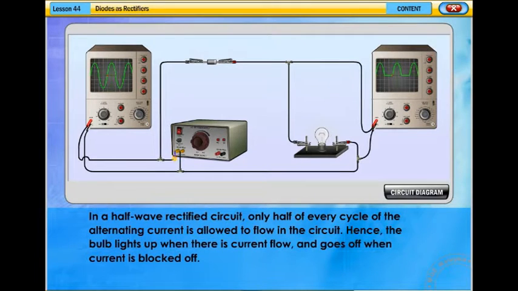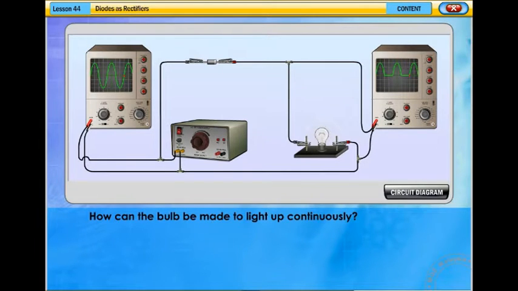In a half-wave rectified circuit, only half of every cycle of the alternating current is allowed to flow in the circuit. Hence, the bulb lights up when there is current flow and goes off when current is blocked off. How can the bulb be made to light up continuously?